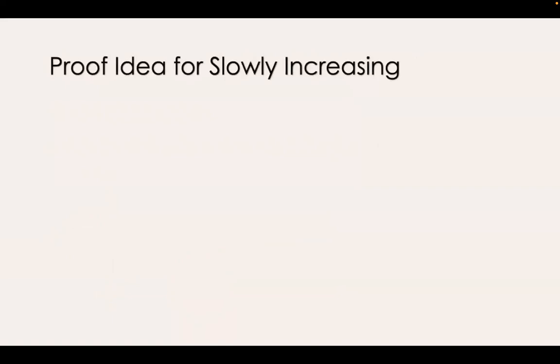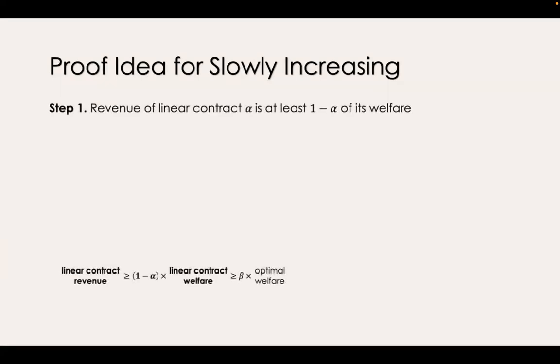And I'm going to give a high-level informal proof idea of the approximation bound given slowly increasing. We want to show that the revenue of a linear contract is bounded away by a constant factor from the optimal welfare. As a first step, we are going to show that the revenue of a linear contract is at least 1 minus alpha of the welfare of a linear contract. And this is very simple.